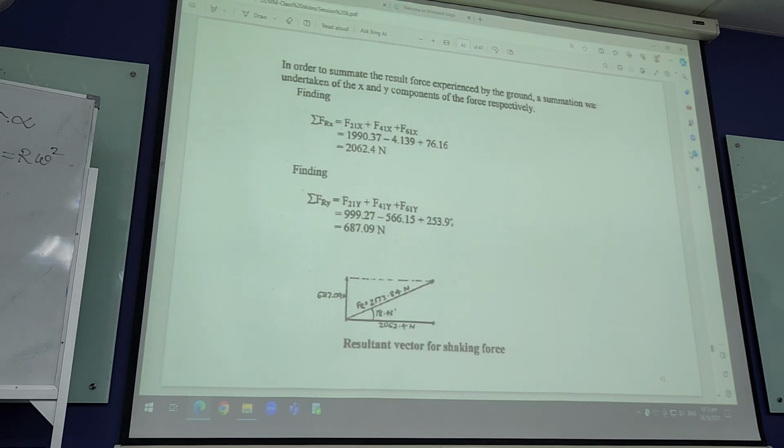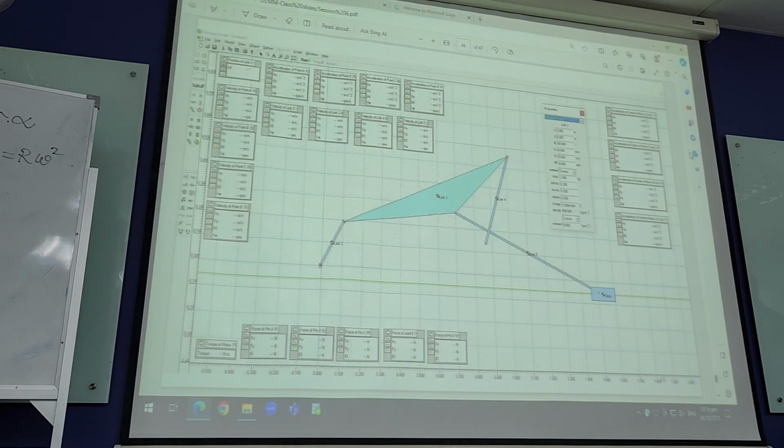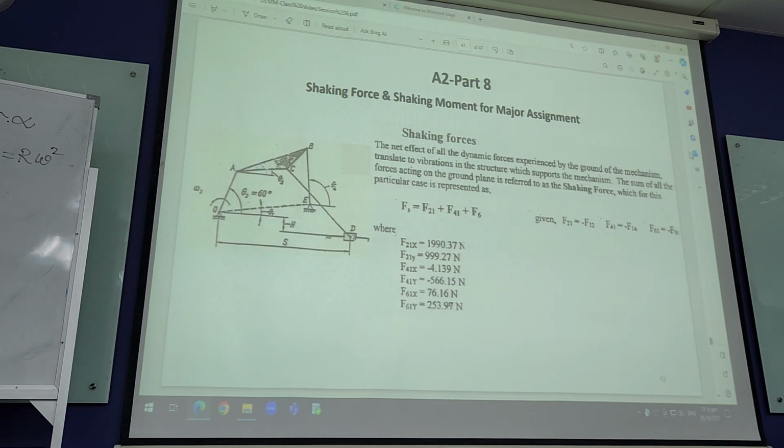Anyhow, I have gone through this. For the last portion, you can complete everything based on what you have done for force analysis. You need to write one thing for the question you see. I have not copied the question: if you want to reduce the shaking force, what suggestions would you make?